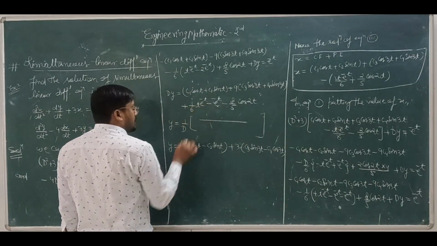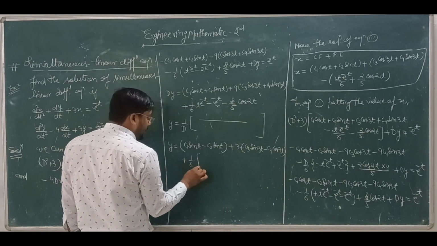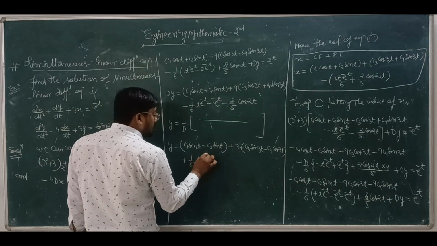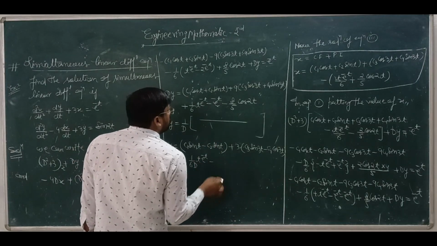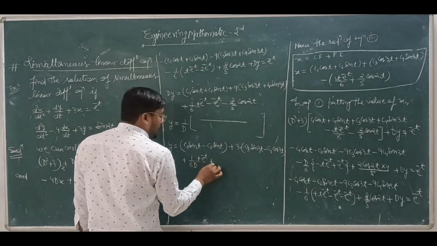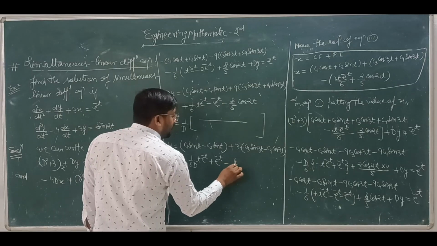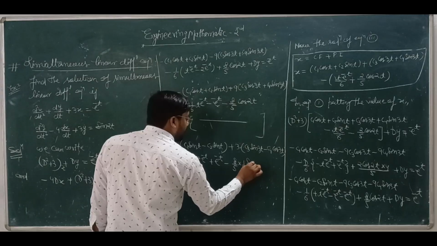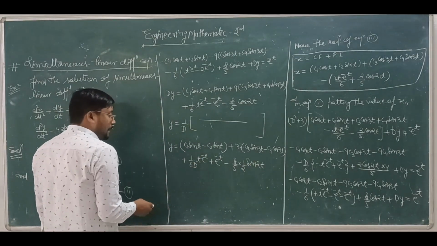Now again the value of first and second, plus 1 by 6 integrate the function of t e to the power minus t, and integration of e to the power t, this means e to the power t, minus 8 upon 5 integration of this, this means 1 by 2 sin 2t. Now you can solve this function.